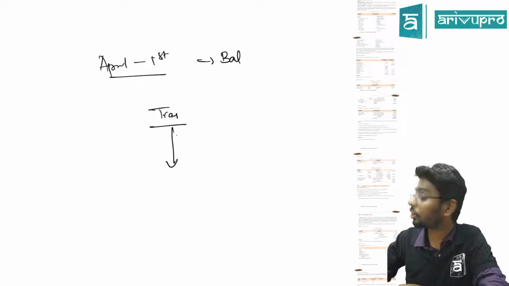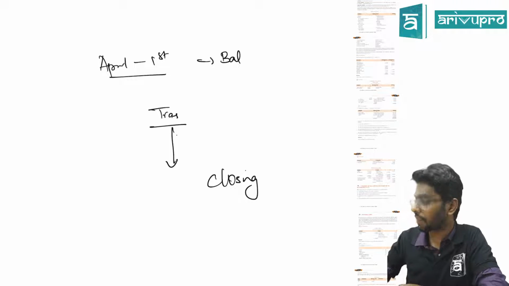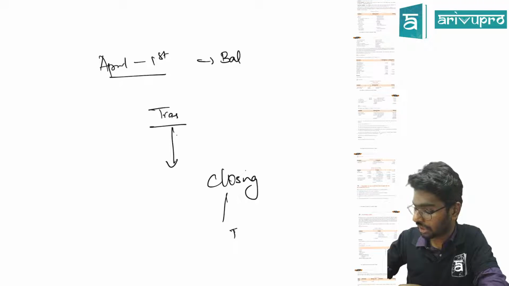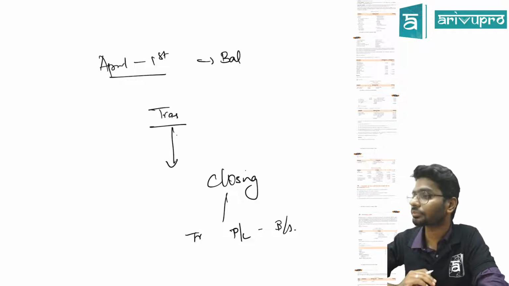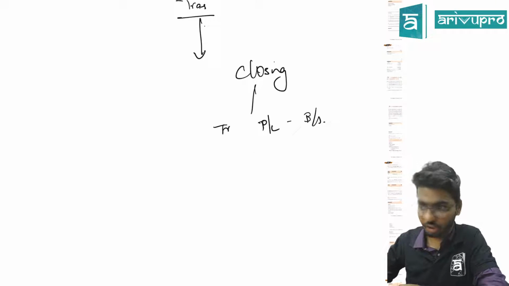From here you will have to arrive at the closing balances. From the closing balances you will prepare trading, P&L and balance sheet. This is one method of questions you can get.